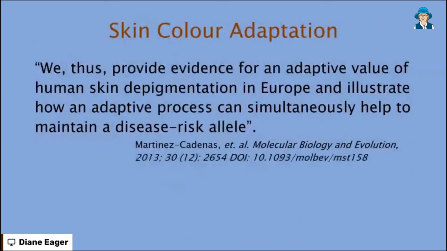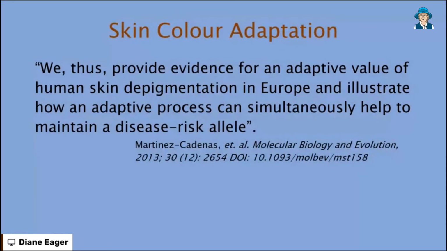Interesting. And the people who actually published this study in this journal wrote this comment: we thus provide evidence for an adaptive... Now there's another term that's used by the evolutionists, and maybe one day we can look at that seriously in one of these programs. What does adaptation really mean?